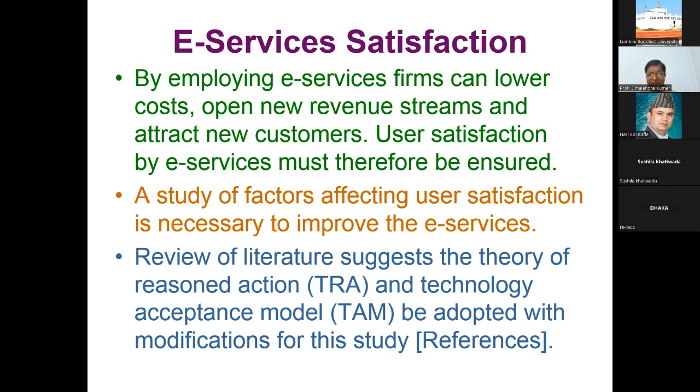Second, a study of the factors affecting user satisfaction is necessary to improve the e-services. Lastly, the review of the literature suggests the theory of reasoned action and technology acceptance model be adopted with modifications for this study. So there are references for that also.